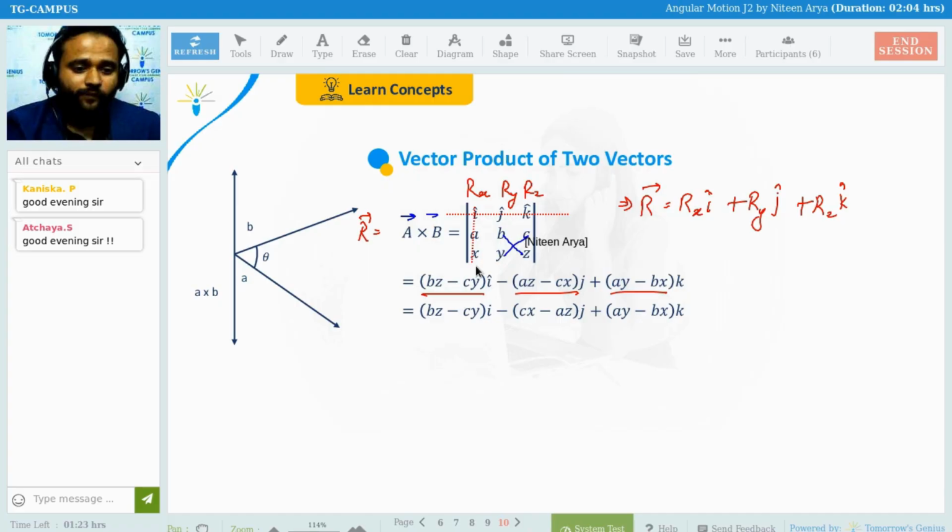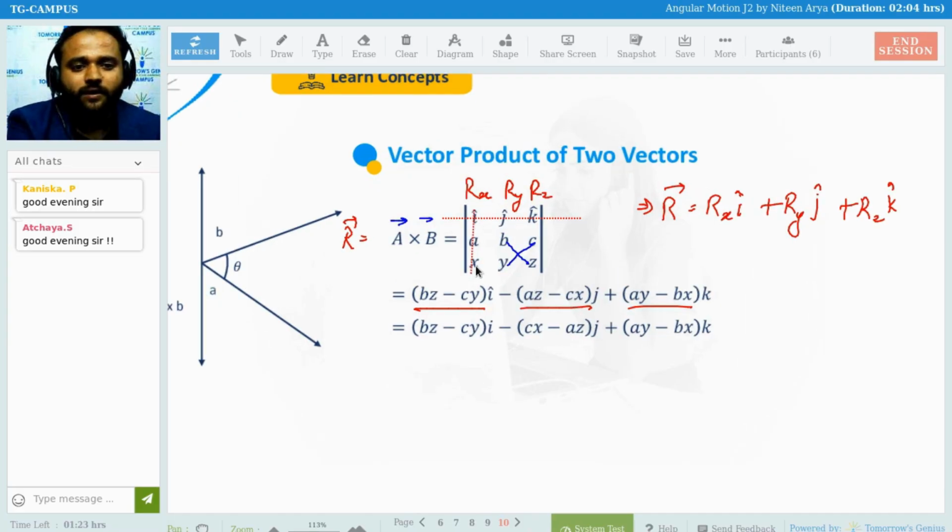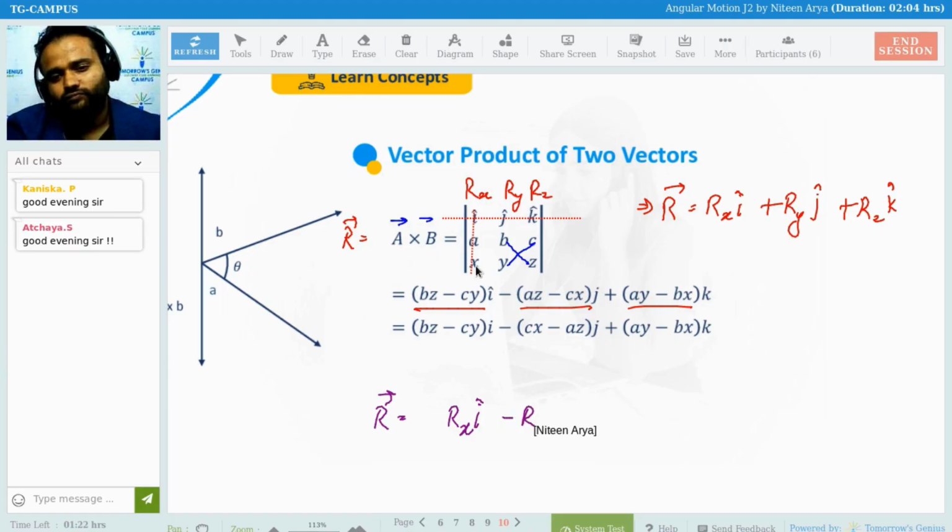If you are doing this from left to right, you need to apply a negative. So basically this R is Rx i minus Ry j plus Rz k.